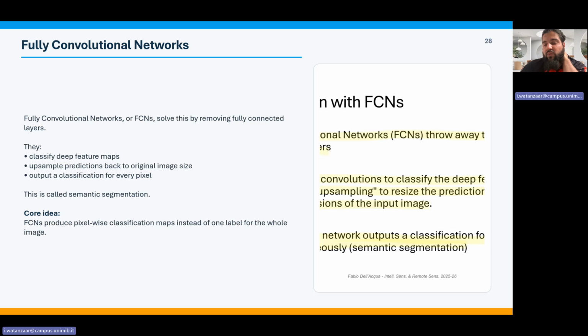The output is a classification for every pixel now, for each and every pixel value. This is called semantic segmentation, and based on this we are identifying the objects. FCN provides a pixel-wise classification map instead of one label for the whole image.